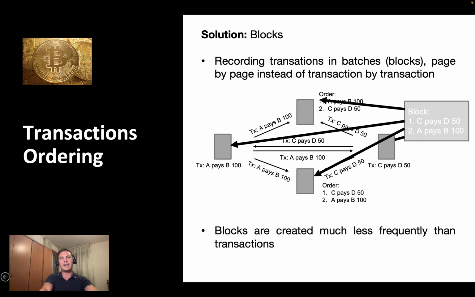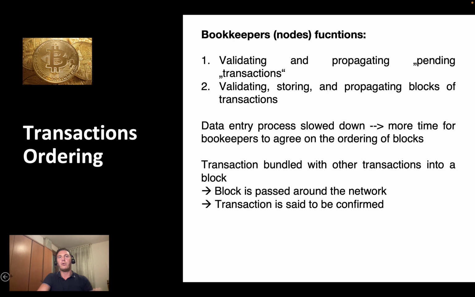And blocks are created much less frequently than transactions, so it is more likely that a block reaches all bookkeepers in the network before another is created. It's more likely, not sure. We will see also in the next videos. And the bookkeepers will then perform two functions.